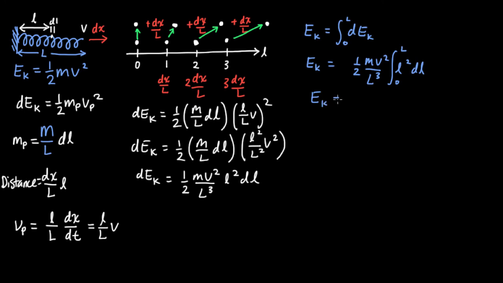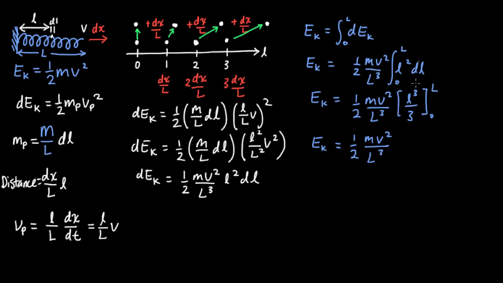E sub k equals half mv squared over L to the power of 3, and this is l cubed over 3. And we evaluate from 0 to L. So this is E sub k equals half mv squared over L to the power of 3 times L to the power of 3 over 3, minus 0.